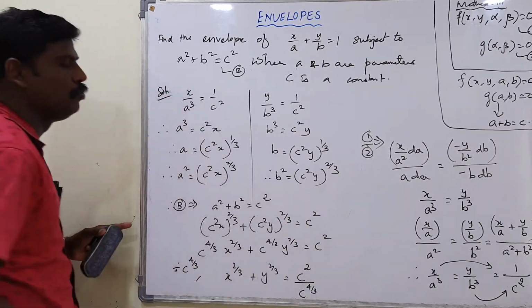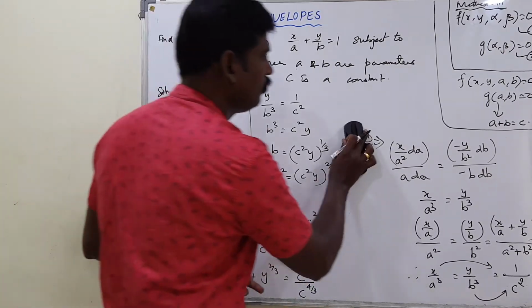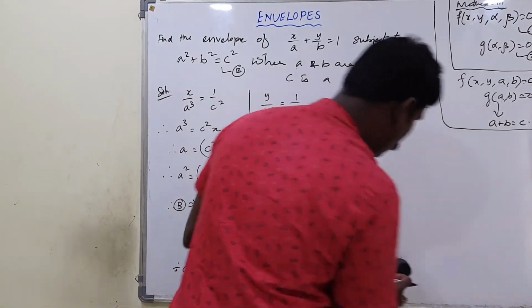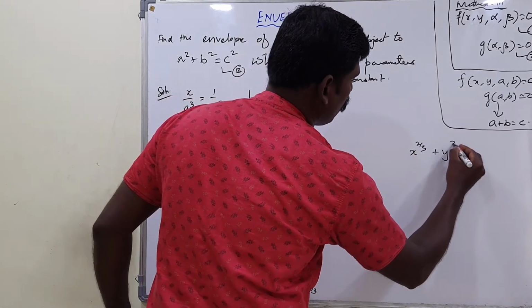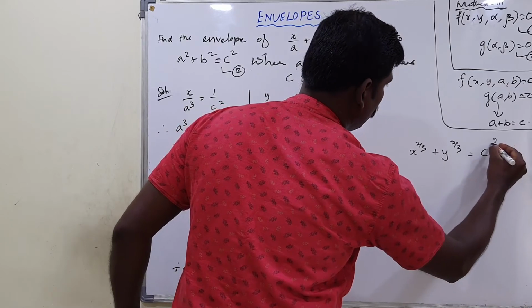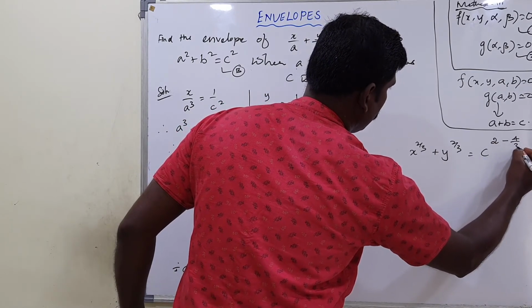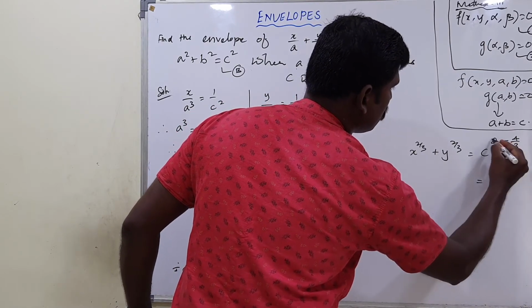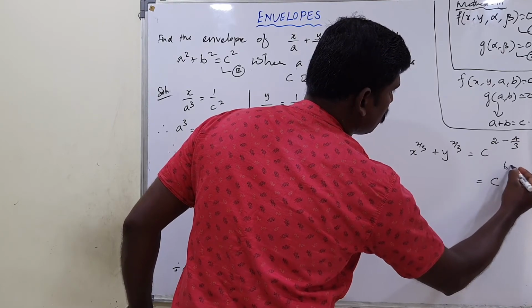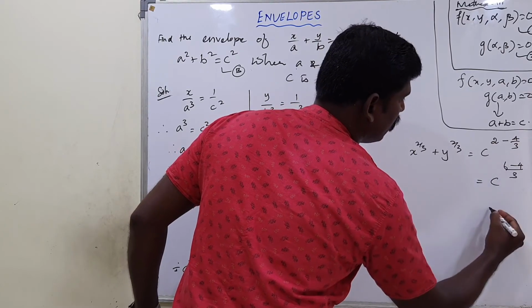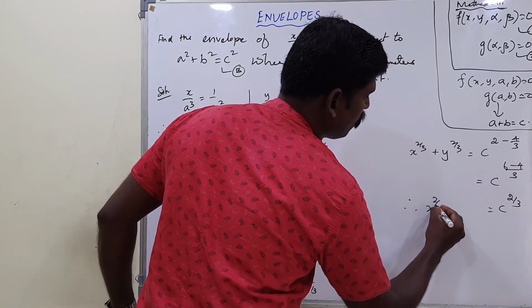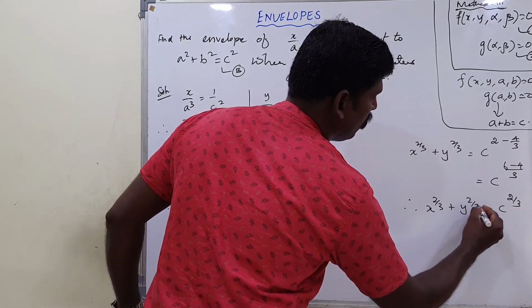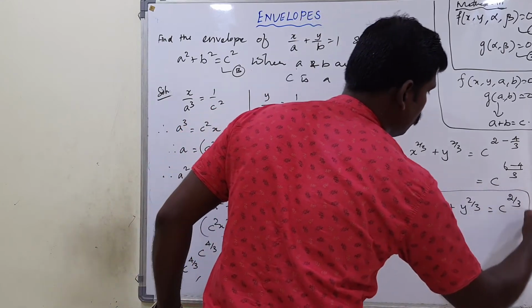Taking this into the numerator, it becomes minus. So x power 2 by 3 plus y power 2 by 3 equal to c power 2 minus 4 by 3. Taking LCM as 3, 6 minus 4 by 3, that is equal to c power 2 by 3. Therefore, x power 2 by 3 plus y power 2 by 3 equal to c power 2 by 3.